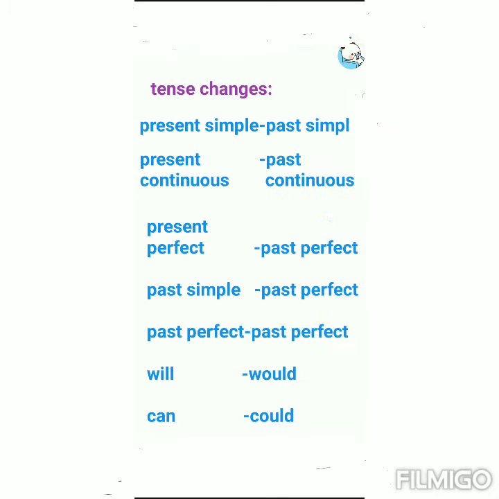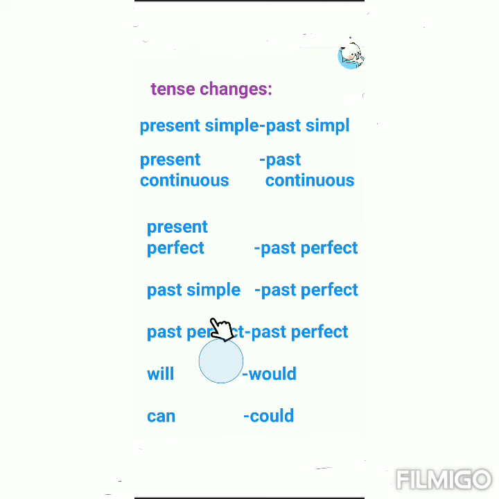Alright guys, now this slide gives you the changes in tenses appearing in speech. First of all, present simple is to be converted to past simple, present continuous to past continuous, present perfect to past perfect. Next, past simple should be converted to past perfect.